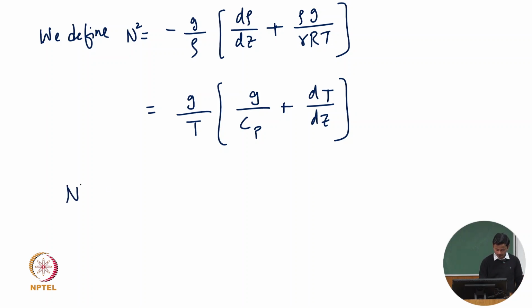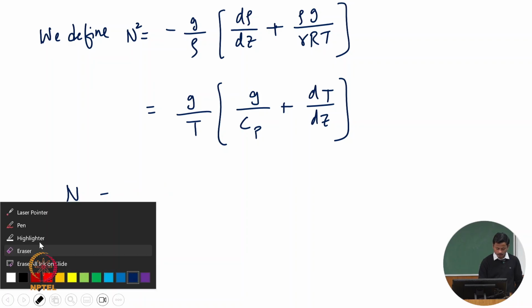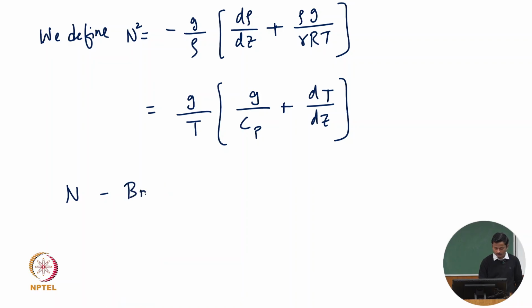Here N is the same variable. It's just that its representation is different for a compressible fluid. So this is the Brunt-Väisälä frequency.